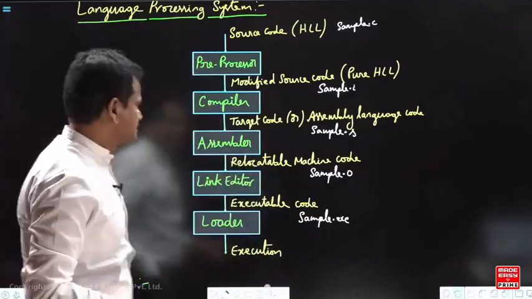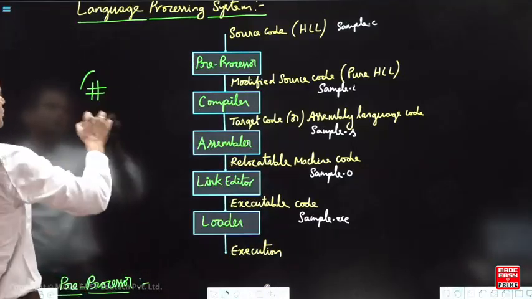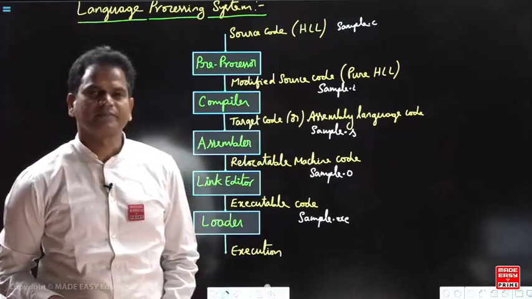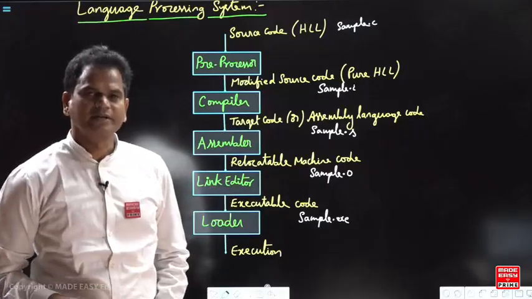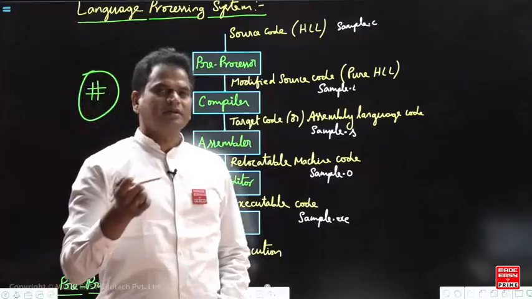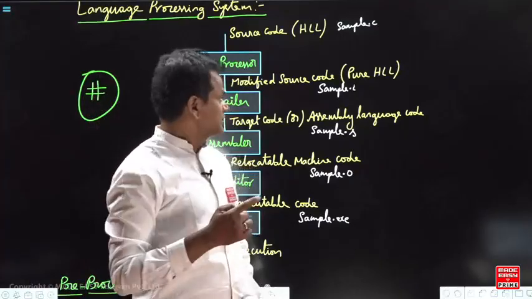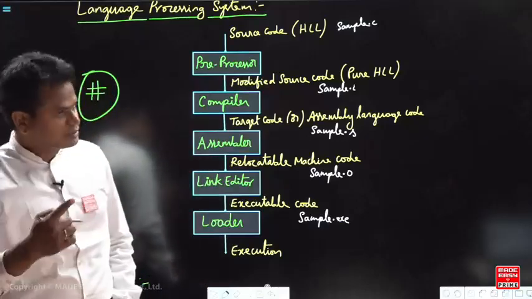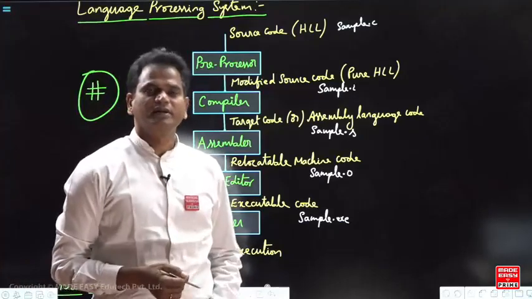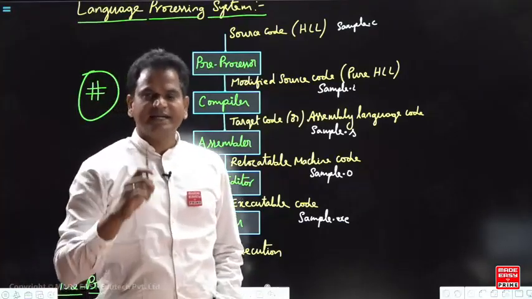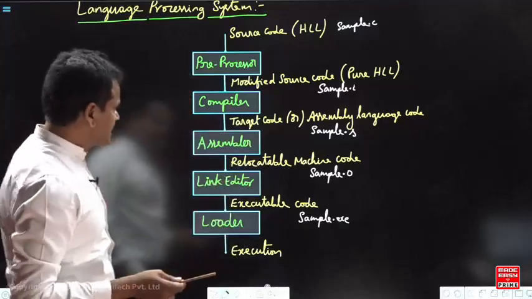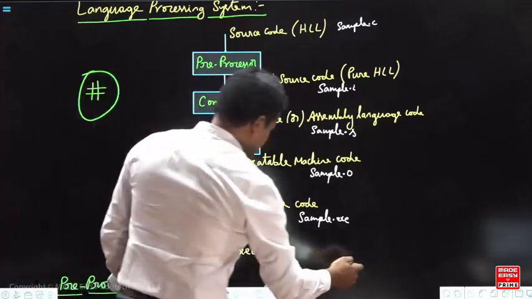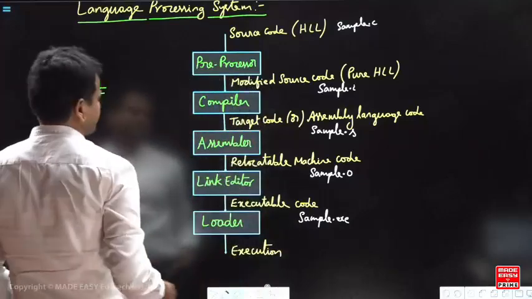Example, the languages which do not support hash include do not require pre-processing. Are you following? The pre-processor allows the user to use macros and header files, and it is optional.